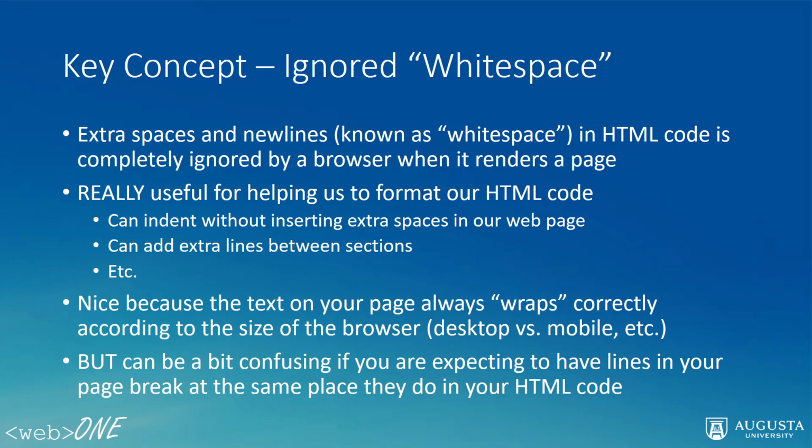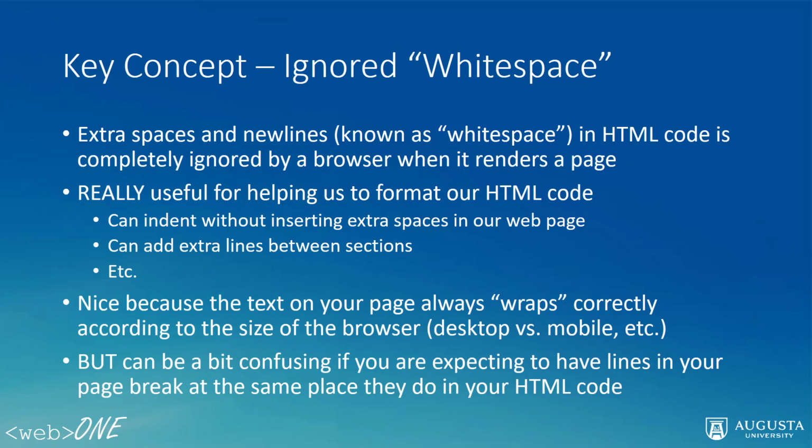You cannot see these characters on the screen, but they have some effects. In HTML, extra spaces and new lines: generally, browsers ignore more than one consecutive white space when they render the page and show the page to users. This feature is really useful.